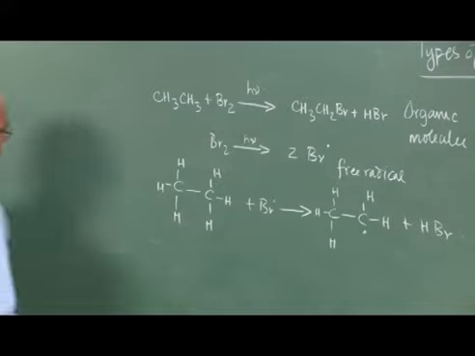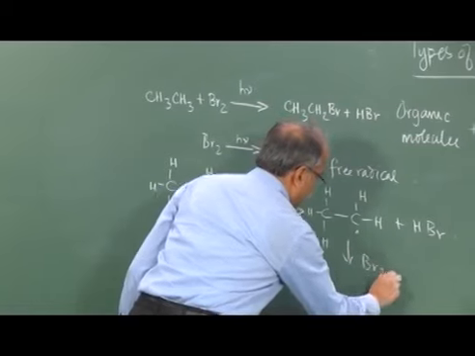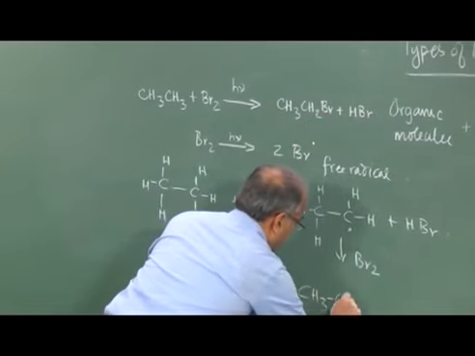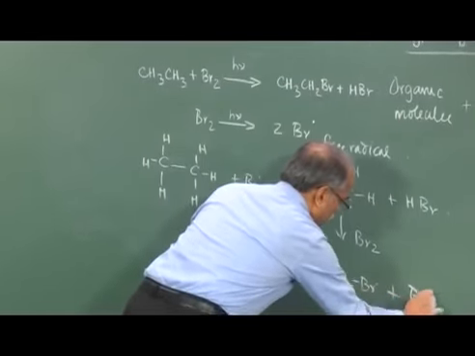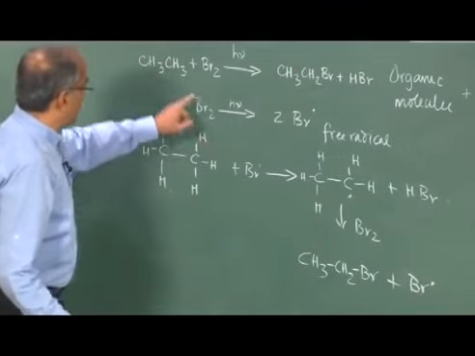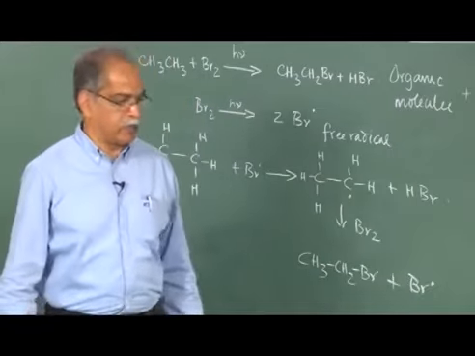Ethyl radical can now react with bromine, producing ethyl bromide and regenerating a Br radical. The Br radical now again goes to another ethane molecule and does a hydrogen abstraction.